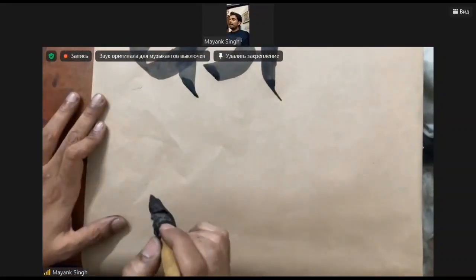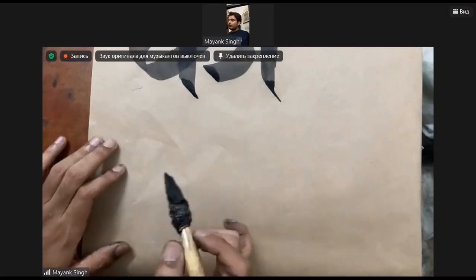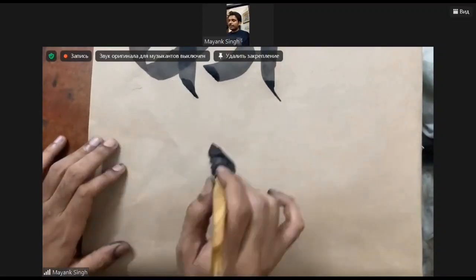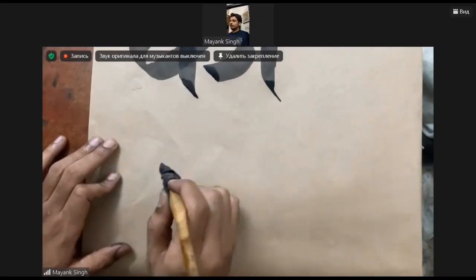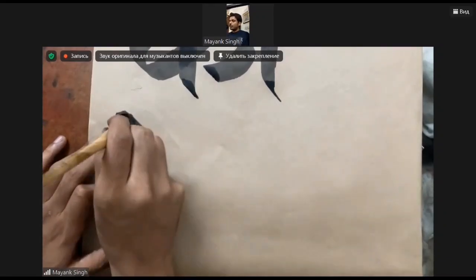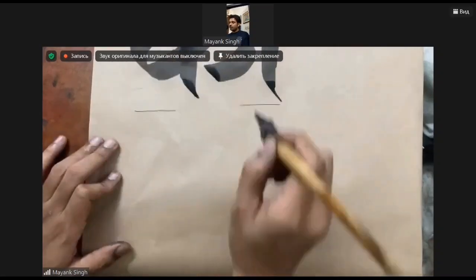So when you are writing the second line in calligraphy, you need to make sure if the second line has a matra, you need to leave a little bit of space for the matra. Otherwise, people start the shiro line from here, and it would not give you enough space for the matra.